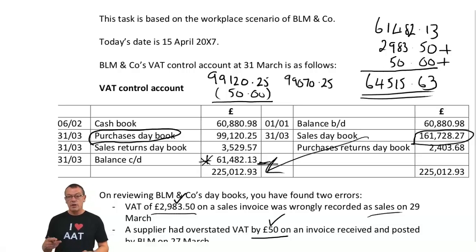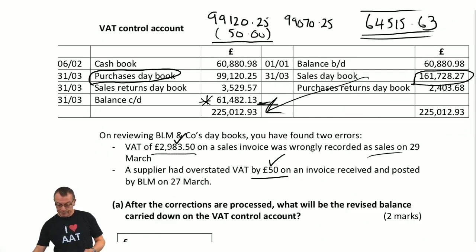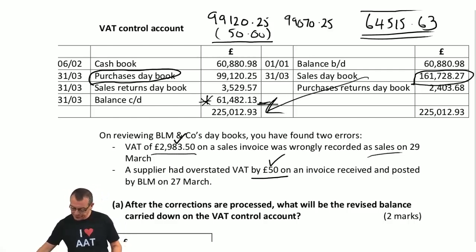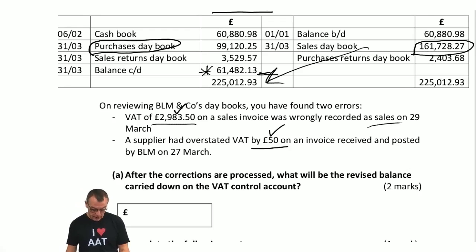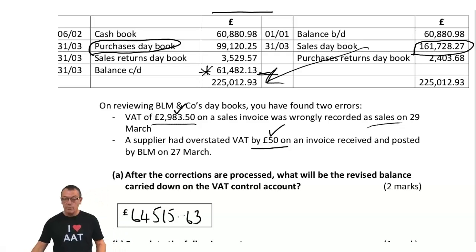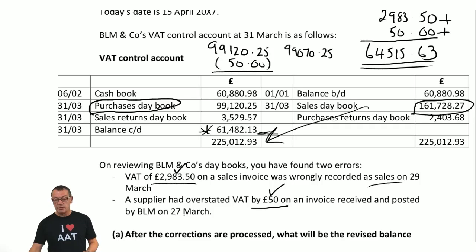And that therefore is the closing balance. Now let's scan down a little bit. 64,515.63. And that would be the first mark or two marks gained by doing those adjustments.